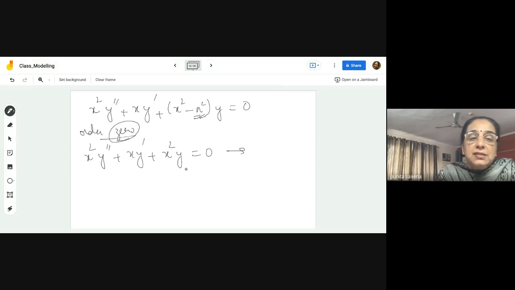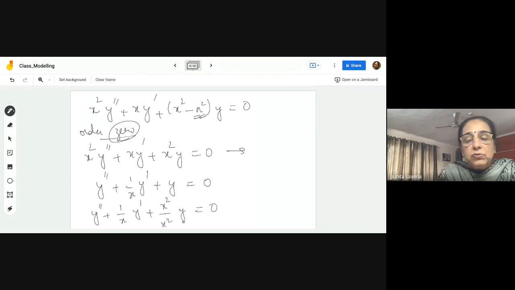Now, let us find the solution for this. It's going to be y double dash plus 1 by x y dash plus y equal to 0. Of course, x equal to 0 is the singular point here that we had seen earlier also. So I rewrite it as 1 by x y dash plus x square by x square y equal to 0.